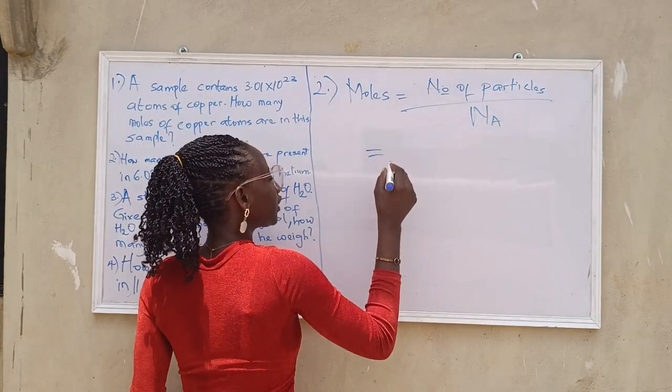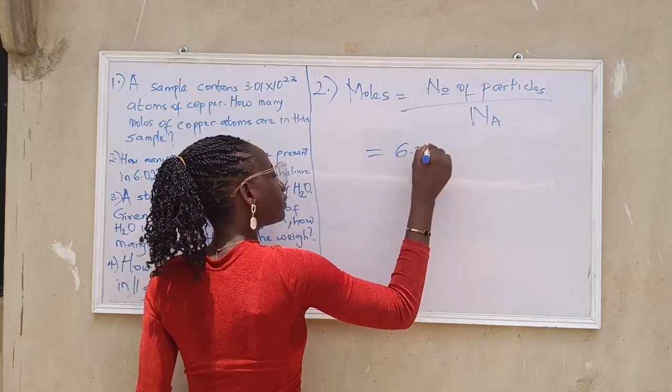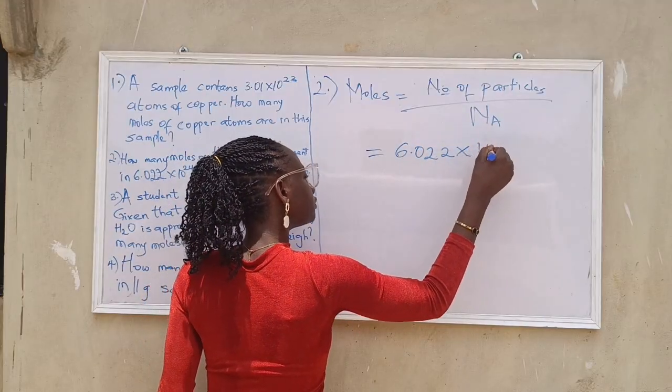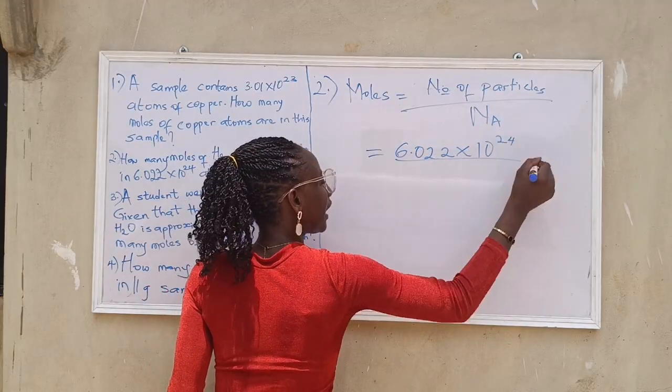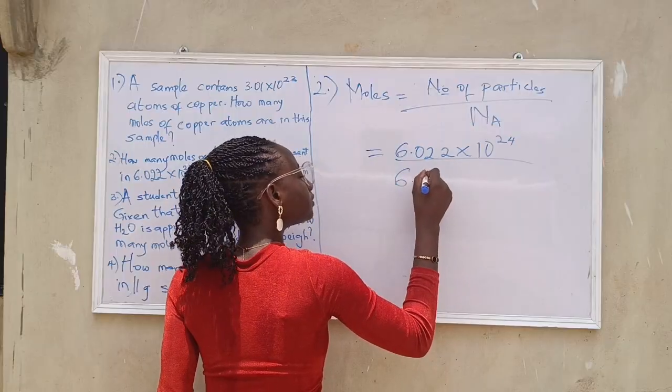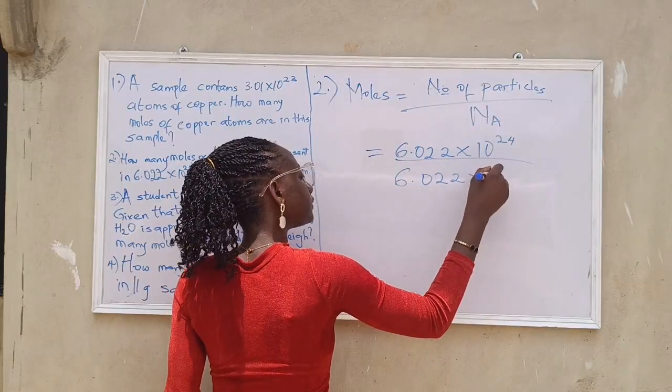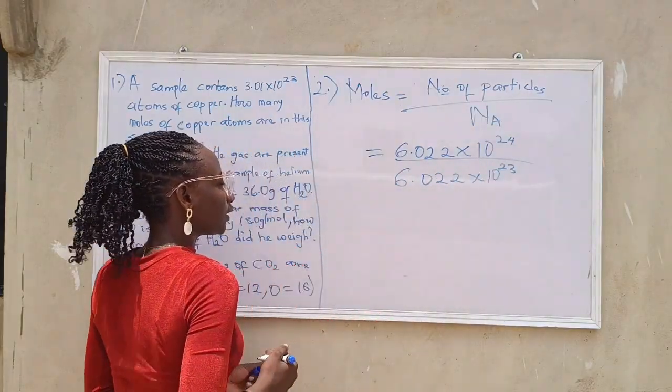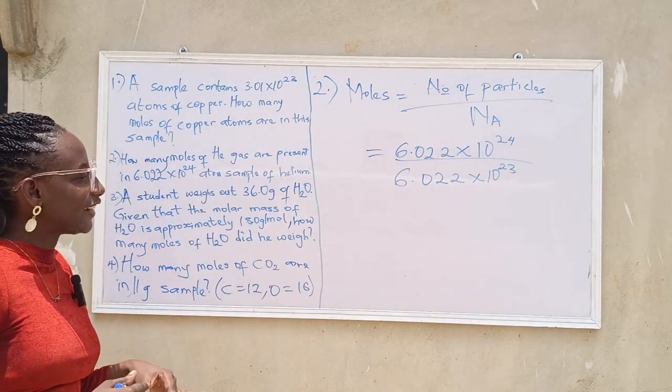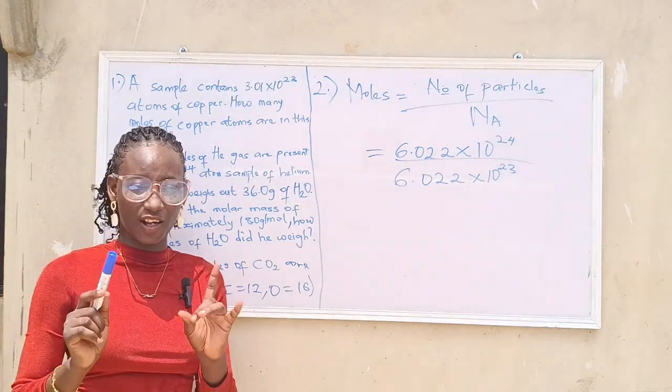According to this question, this is equal to this, and our Avogadro's number is exactly this. I like this question because it helps us to apply a lot of indices.